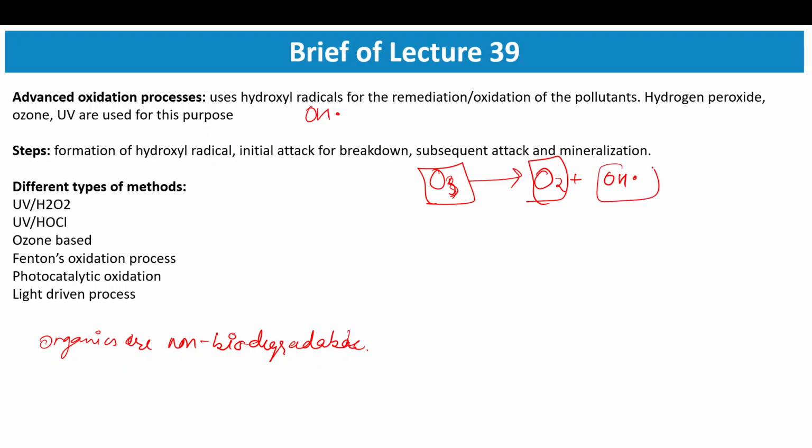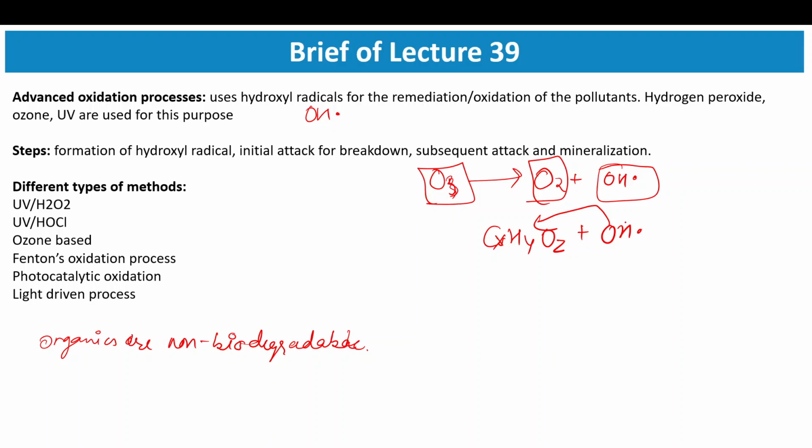So first this is formed. Now it attacks the pollutant. Let's say CxHyOz. This OH radical acts upon this molecule. It is not necessary that, in any industry, a reaction is single step. There are multiple intermediate steps involved, and especially with free radical action on any organics, there is a chain reaction taking place.